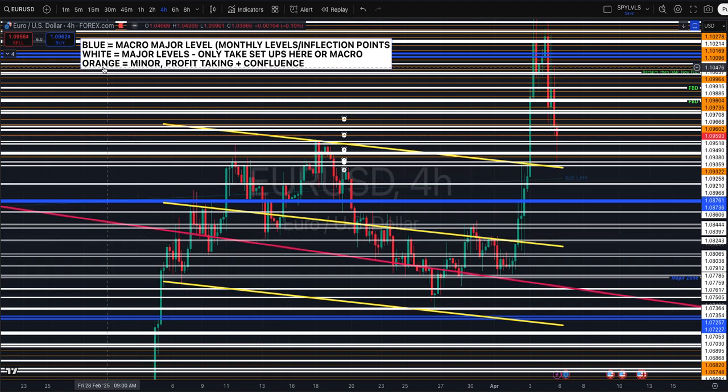So the first thing I want to talk about is my levels. My levels are conceived from the support and resistances of the price action. It's based on action from today, yesterday, last week, and so on. And most of the time, the more recent action is what I'm using.